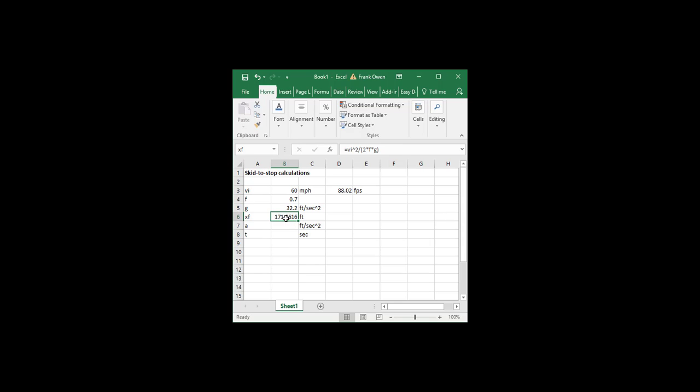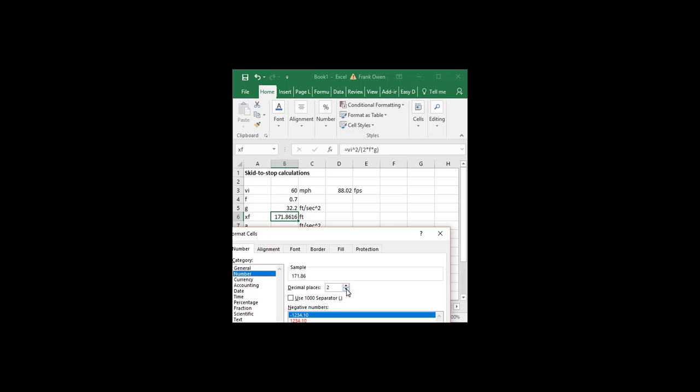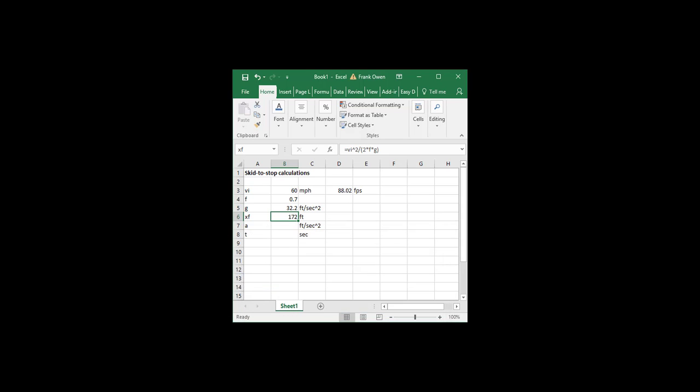We calculated 172 before, and this number of significant digits is a little bit misleading, so I'm going to format the cells, pick number here, and move this up so it can be seen. Just change this to 0.